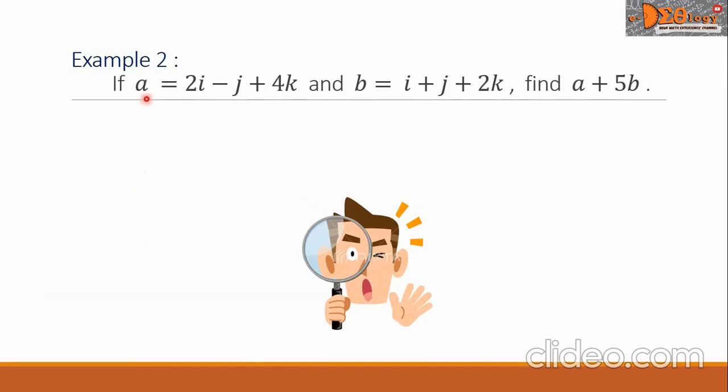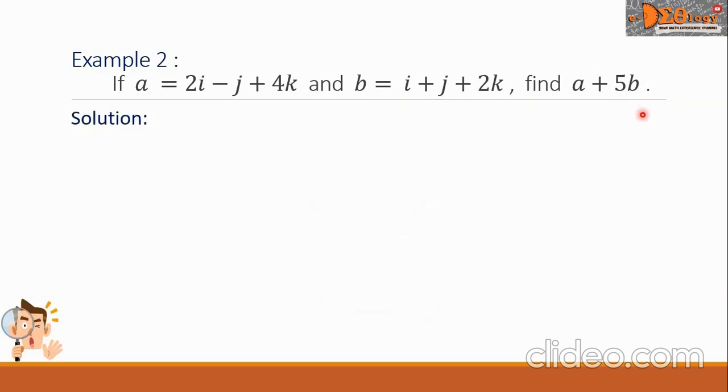Example 2. If A equals 2i minus j plus 4k and B equals i plus j plus 2k, find A plus 5B. Let us list the corresponding vectors here. Then our goal is to evaluate A plus 5B.